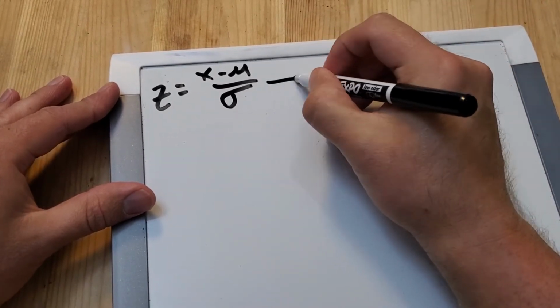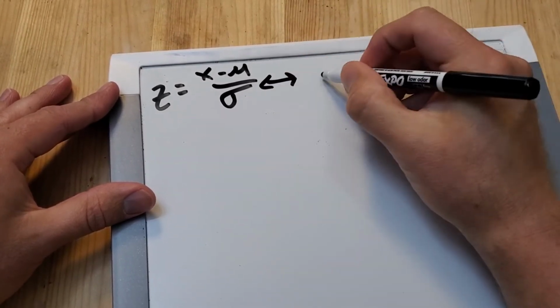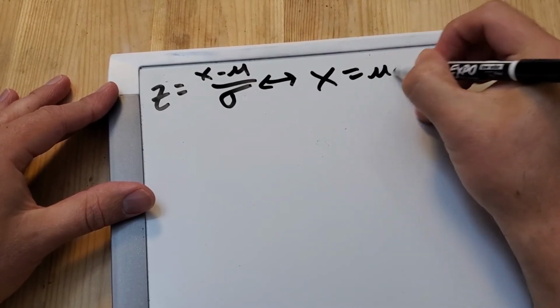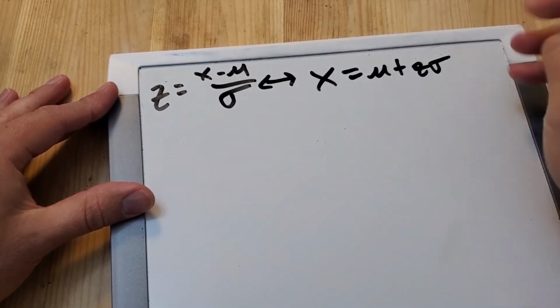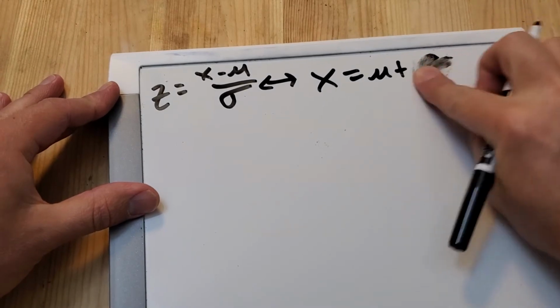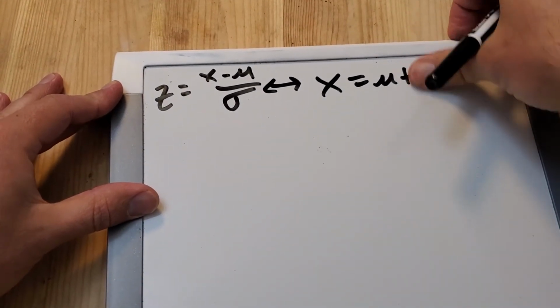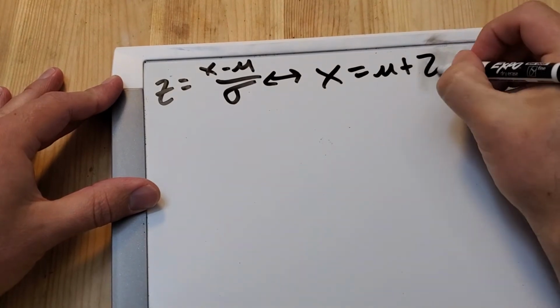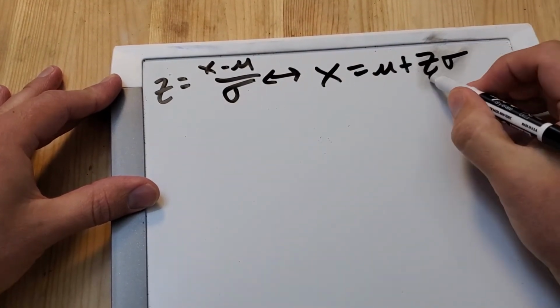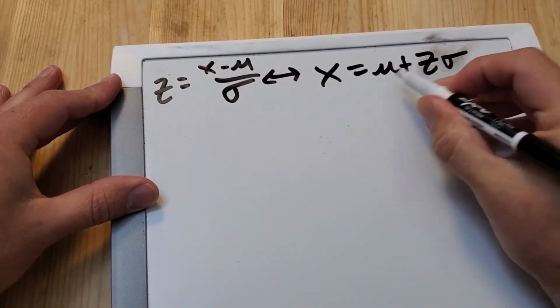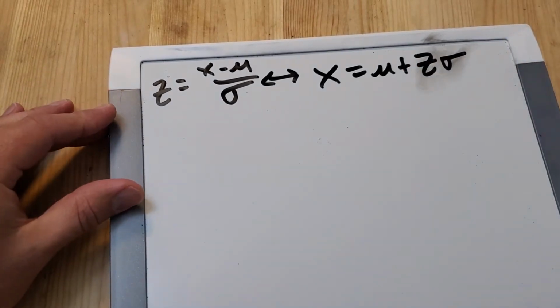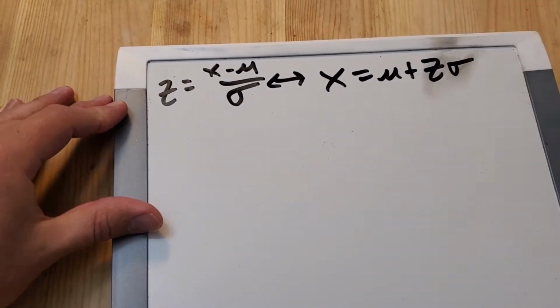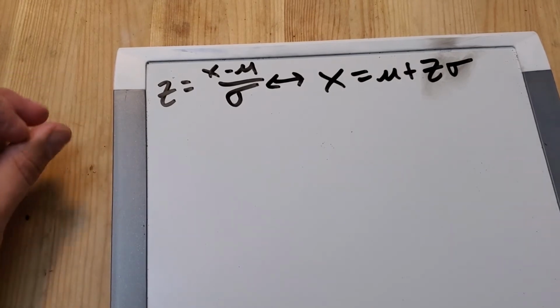Then we have this, we solved it for X, and we got this, which is actually exactly the definition of z-score. Z-score is the number of standard deviations from the mean to the data point.